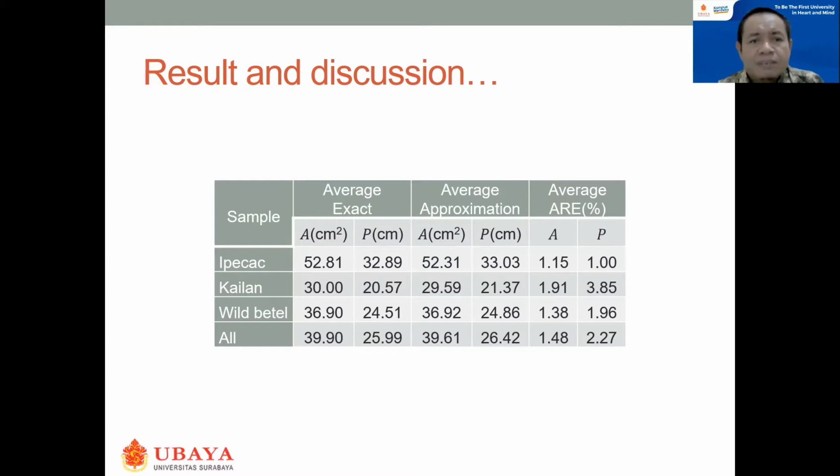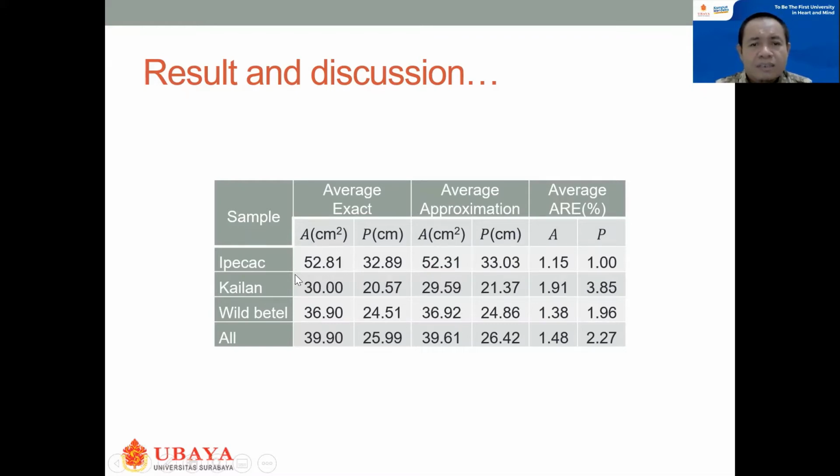From three types of leaf, we can see that the average area for each type of leaf is almost similar.